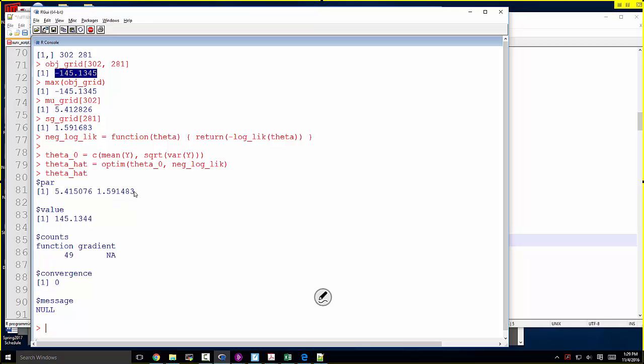And then the maximum likelihood estimators are almost exactly the same as ours as well. Ours are necessarily going to be coarser than this algorithm will find, because we just created a partition of possibilities, whereas this function can consider any real valued possibility.